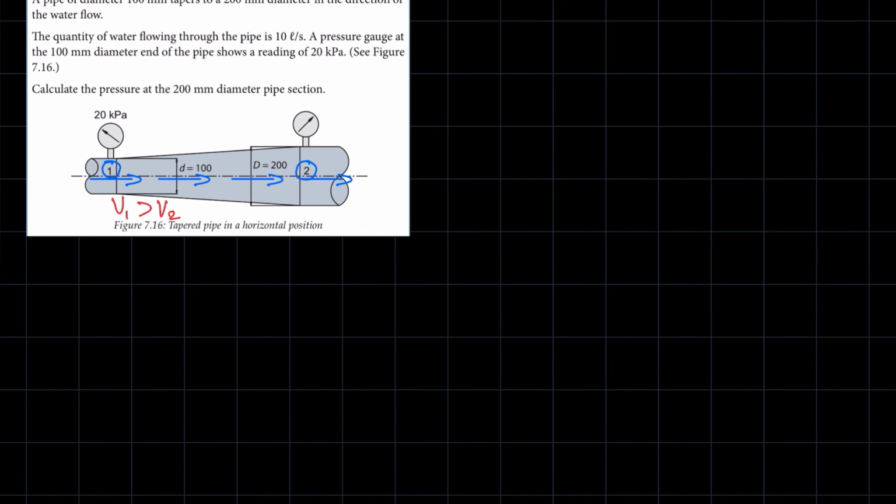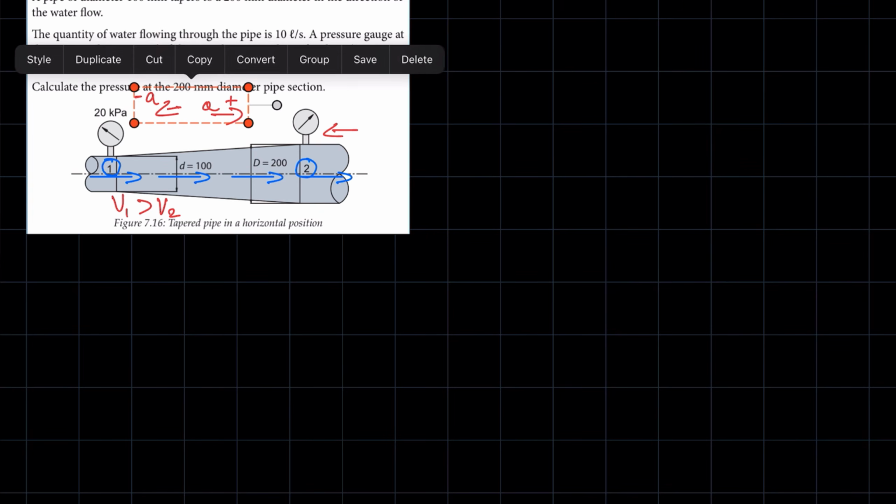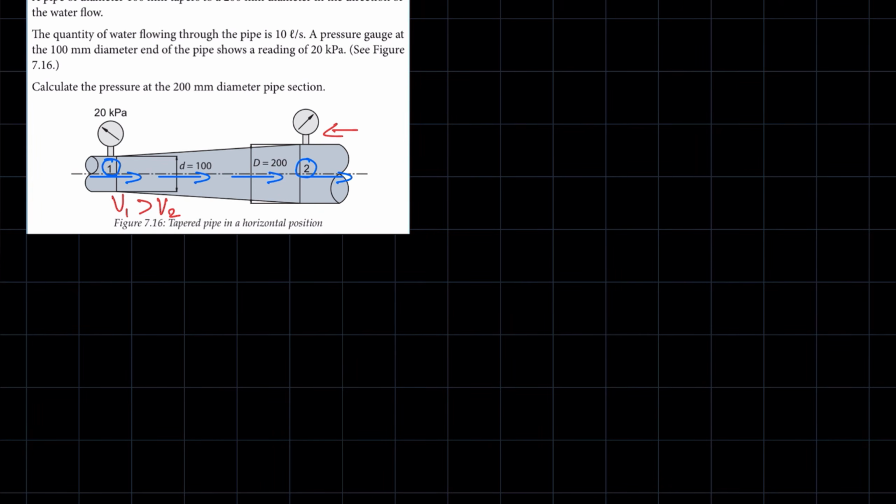Now, as we know, deceleration, as far as the direction of acceleration, will be in the negative direction. Acceleration is in that direction, the positive direction, and deceleration, since it's negative, is going to go in this direction. Since we've established that the water is decelerating, it means that acceleration is in that direction.